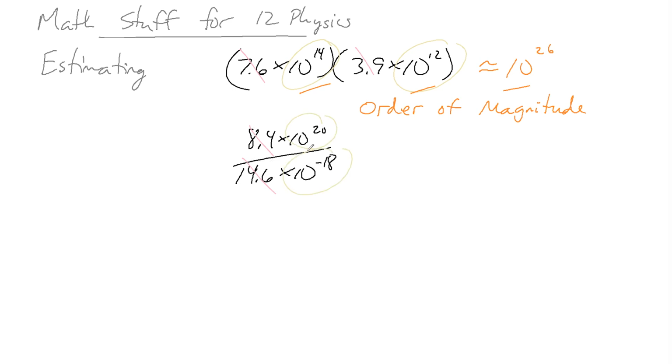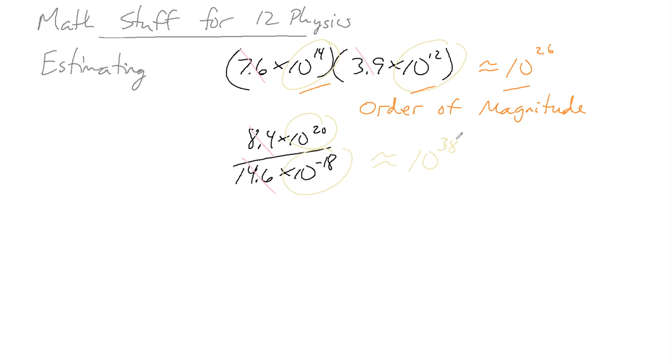Basic exponent rules: power of 20 divided by power of negative 18, subtract the negative 18. I'm going to get an answer somewhere around 10 to the 38. So I know when I calculate this out, I should get something times 10 to maybe 37, 38, 39, somewhere around there, and I know I'm probably going to be right.